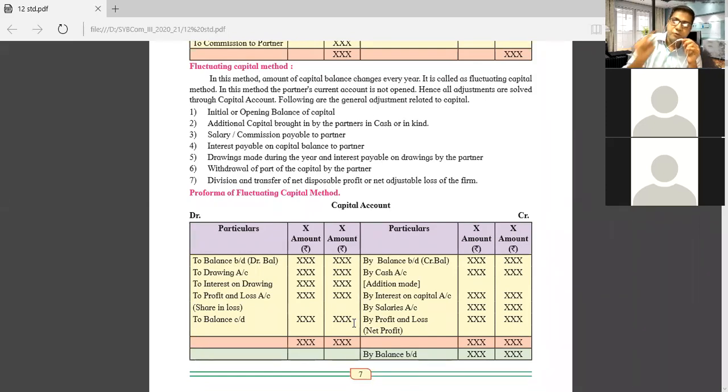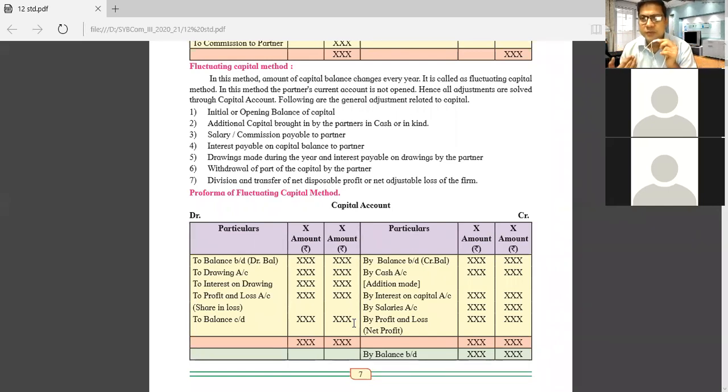Before recording capital balances, you should know how to prepare the capital account ledger. We prepare the capital account ledger whenever we use the fluctuating capital method, and we prepare the partner's current account whenever we apply the fixed capital method. I hope you understood.